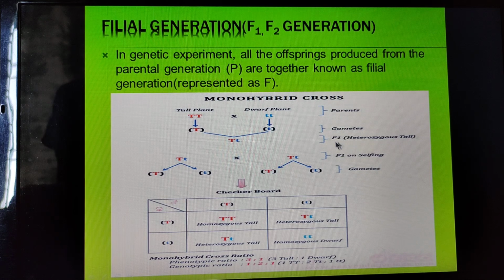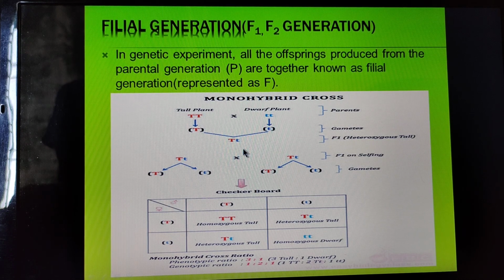This is known as the cross. It takes place between the tall pea plant and the dwarf pea plant, and after the cross, the offspring that is produced is the hybrid tall pea plant. This is denoted as the F1 generation.